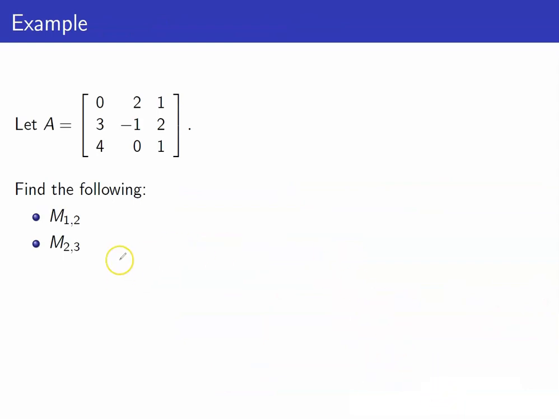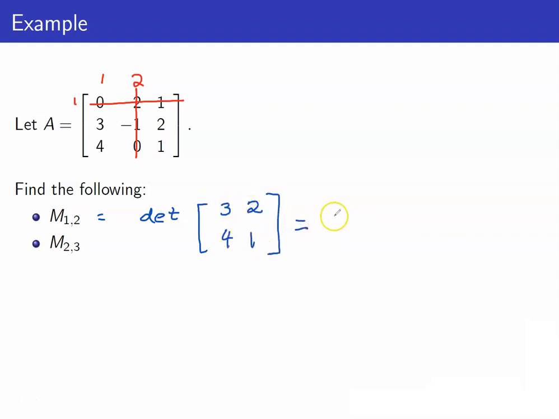For example, we have this matrix. Let us compute M12. So for M12, we remove the first row and we remove the second column. We now have the determinant of 3, 2, 4, 1. And therefore that is equal to 3 minus 4 times 2, which is 8. So that is equal to negative 5.